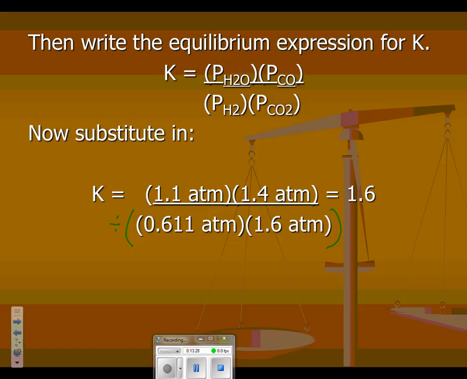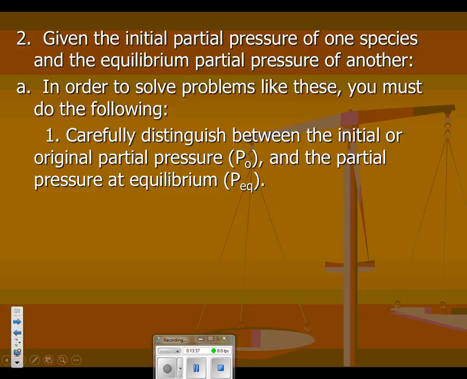Okay, does everybody figure out how this is done? Okay, so given the initial species of one, this is a second kind. So we can be given all of them and be able to find the answer real quickly. Given the initial pressure of one of the species and the equilibrium pressure of another, you should be able to find K. Now, we call this process ICE.